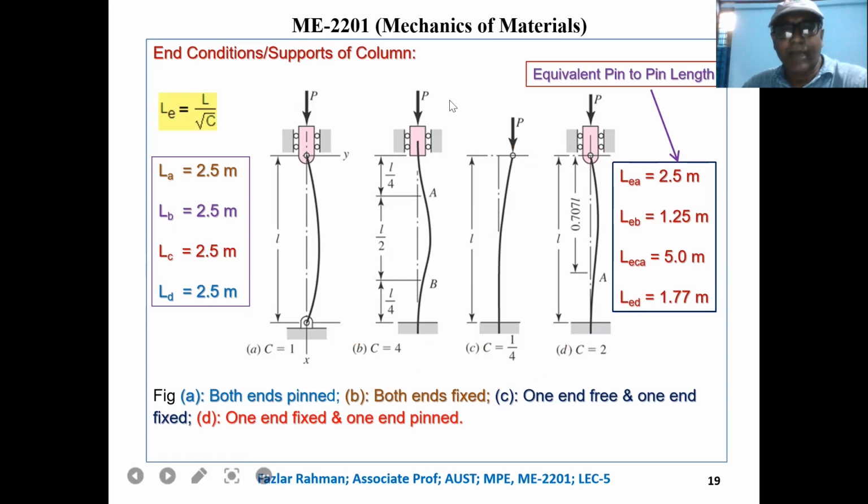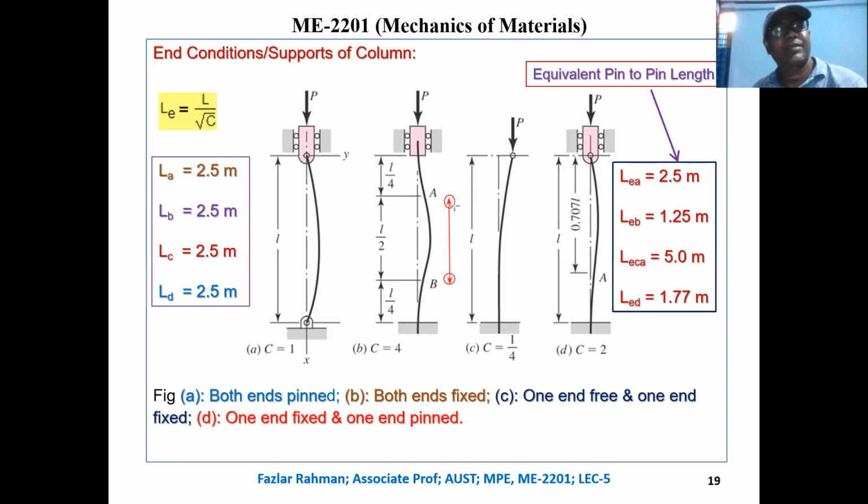But this column will behave like a pin-to-pin column of half length, half of its length, that means this much length. So if the length is L, what will be half length? L by 2, right? But how is it calculated, how is it half length? Okay, good. It is calculated based on experimental data.